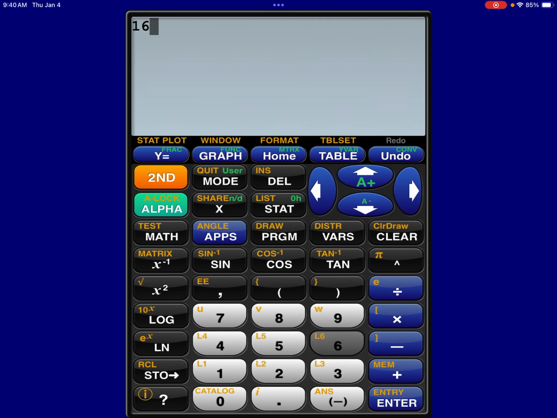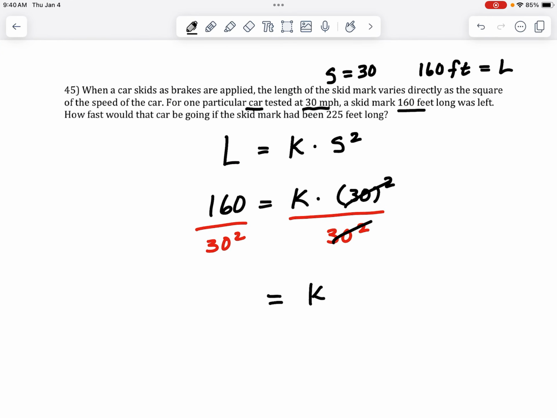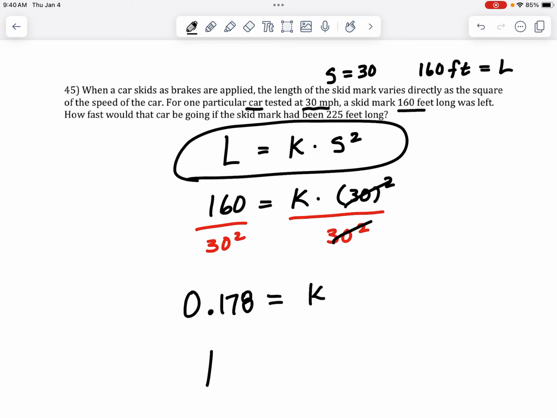So for the first three decimals, it's 0.178. So K equals 0.178. And then just go back to this equation and substitute K is 0.178 and then times S squared. So there's our equation.